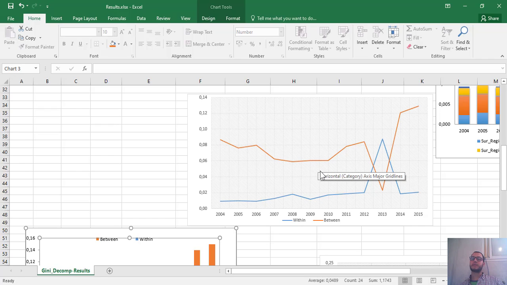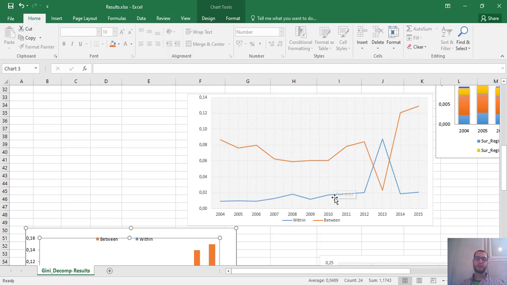For example, we have a region that has more investment, more human capital, and the other region has less investment, less human capital. So if the between effect is very important, we should focus on reducing inequality between these two regions.